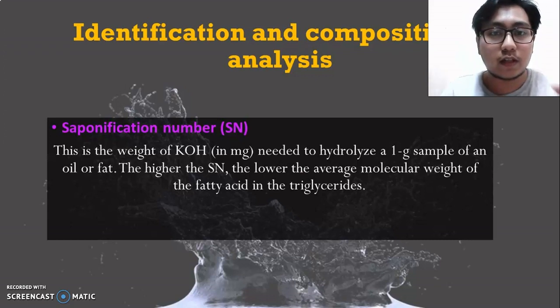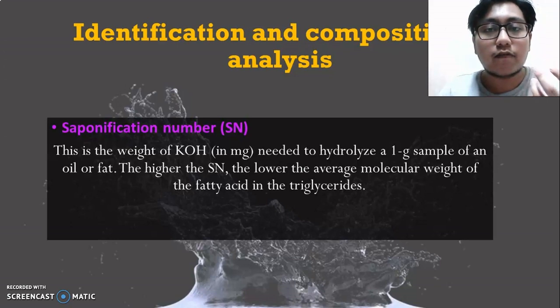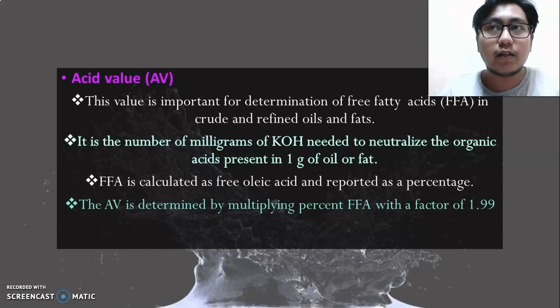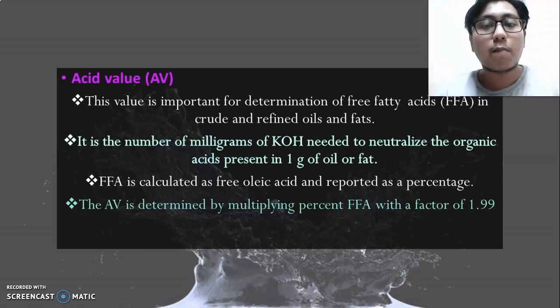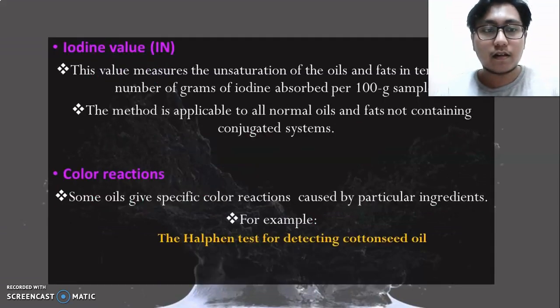So it depends on whether the fatty acids in the fat and oil are long-chained or short-chained, while for acid value, it depends on the number of free fatty acids in the oils and fats. Okay.